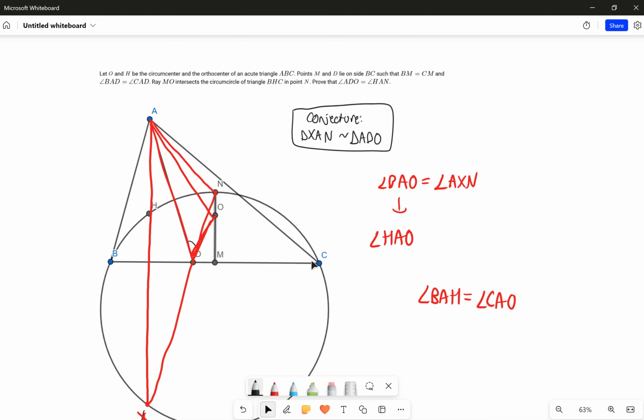This means that angle HAD is equal to angle DAO. So angle HAD is equal to angle XAD. But since X is a reflection of A across BC, that means that AD is equal to DX, and hence these two angles are equal.